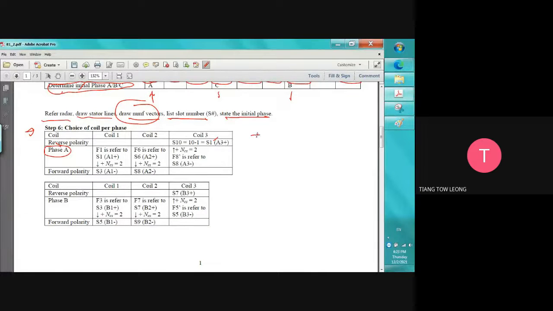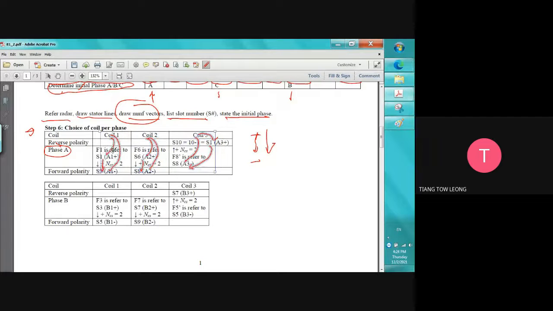For the plus to minus, this is the default direction, which means A1 plus, A1 minus. It will plus and go to the minus. A2 plus, A2 minus. So plus to minus. A3 plus, A3 minus. So plus to minus. Can you see the difference or not?